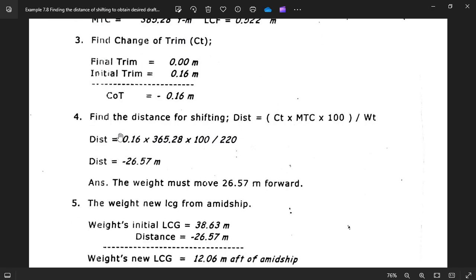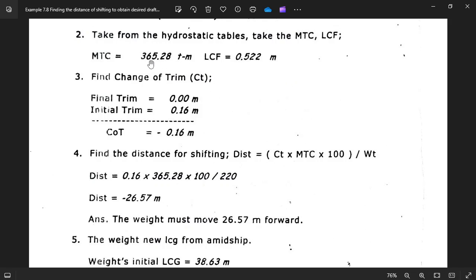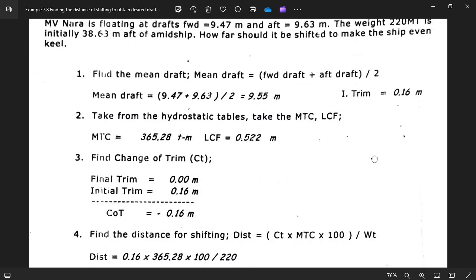Number 4, find the distance of shifting. The formula for distance is change of trim times MTC times 100 over weight. Now the change of trim is 0.16, which is this one, and MTC is 365.28, times 100, according to the formula, over the weight of 222.